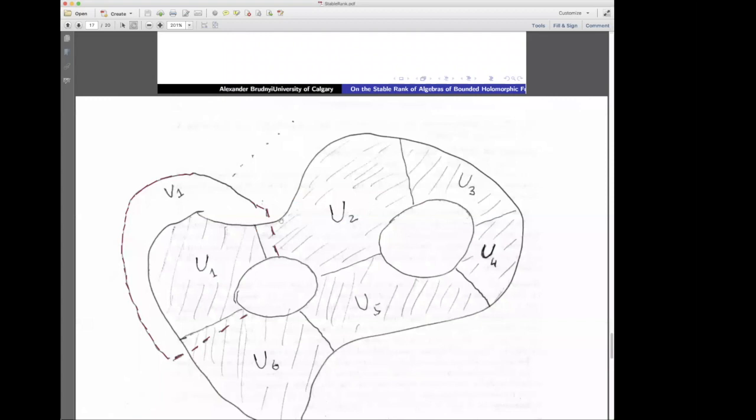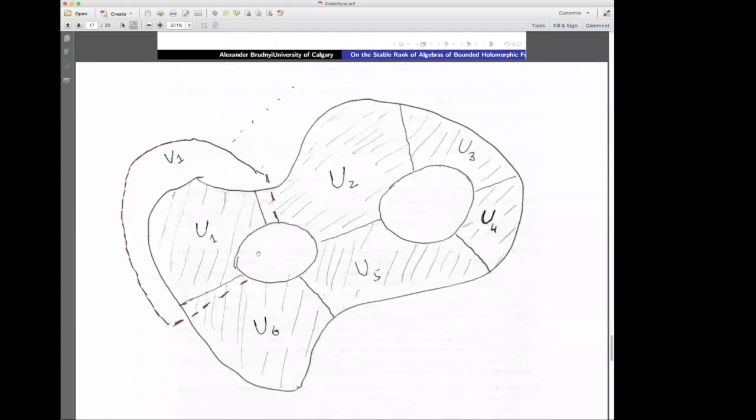So for instance, here's our domain with two holes. What we'll do is partition it into the following smaller closed sets: U1, U2, U3, U4, U5, U6. You see here that every one of them is simply connected.